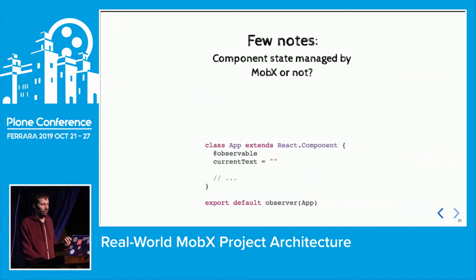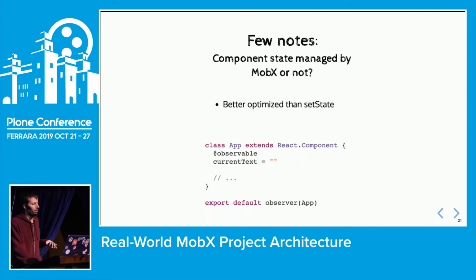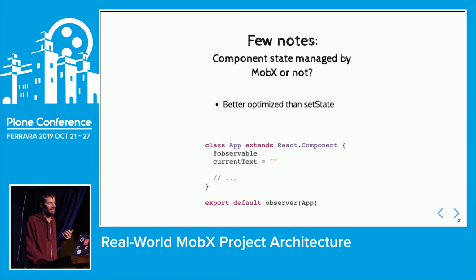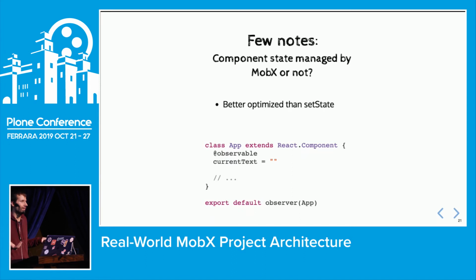And that's because if you think about it, first, MobX is better optimized than setState because MobX will actually re-render your component only if one of the properties used by the render actually changes. And setState, on the other hand, will trigger a re-render every time you call setState. So for example, if you update a property that doesn't matter for your render method, it will actually trigger a render, even if not used by your render method.